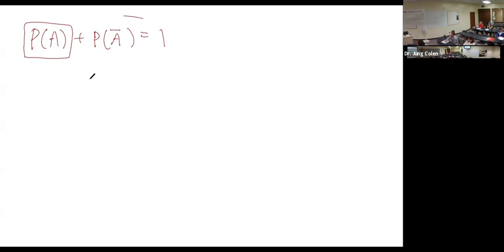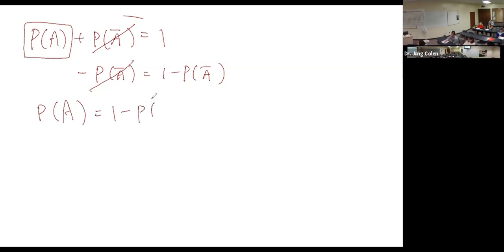You can take it away, right? You can subtract the probability of the complement on both sides. Then this will cancel out, and you have the probability of A is the same as 1 minus the probability of the complement of A, right?